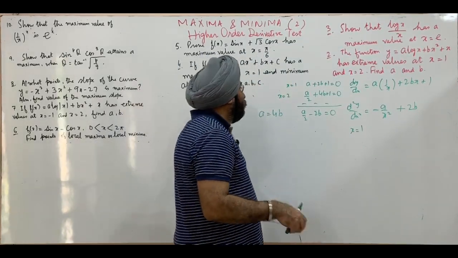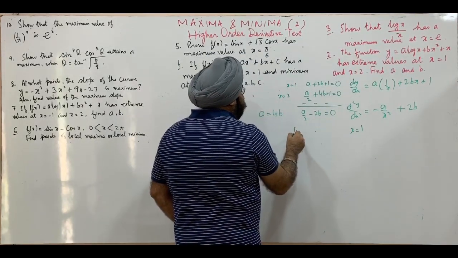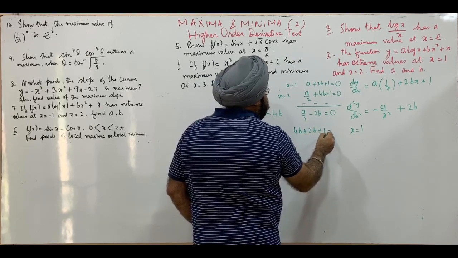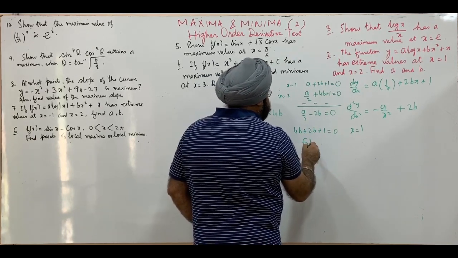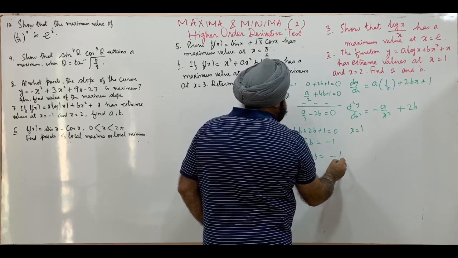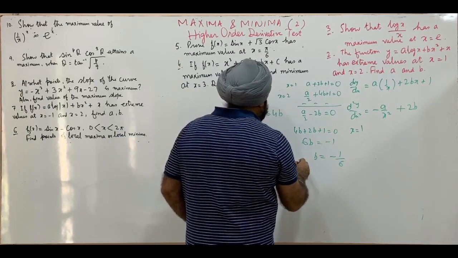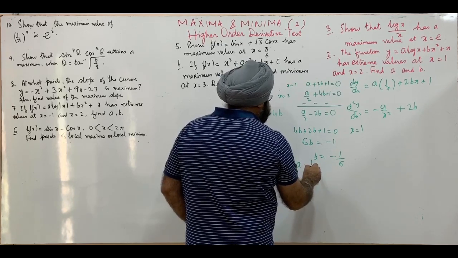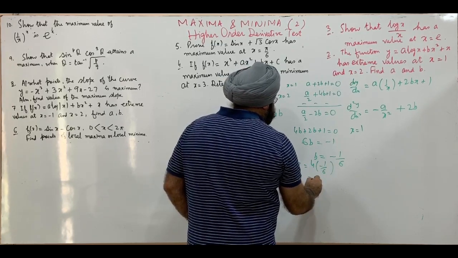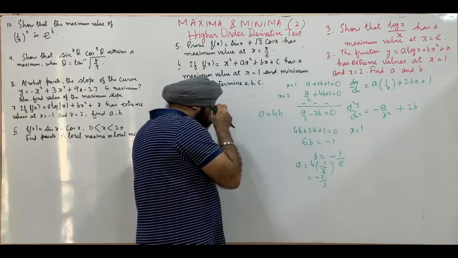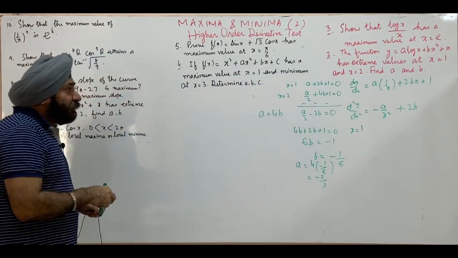Put this value of a in the first equation. So 4b plus 2b plus 1 is 0. That is 6b is minus 1, or b is equal to minus 1 by 6. And what about a? a is 4 times this, that's minus 2 by 3. So this gives us the values of a and b.